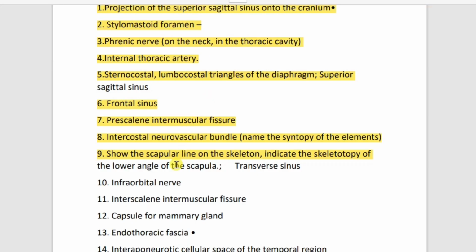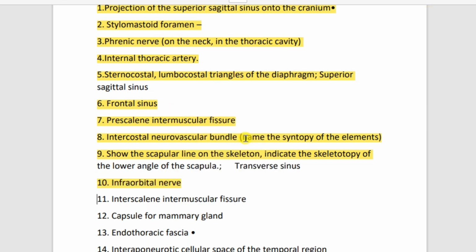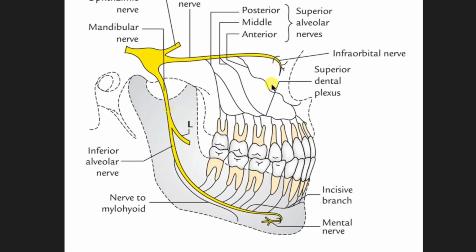So next, have a look at the infraorbital nerve you have to show on the poster. So let's see what it is. As you can see here, the infraorbital nerve is this one. It's a branch of the maxillary nerve, and it arises in the pterygopalatine fossa, and it passes through the inferior orbital fissure to enter the orbit.